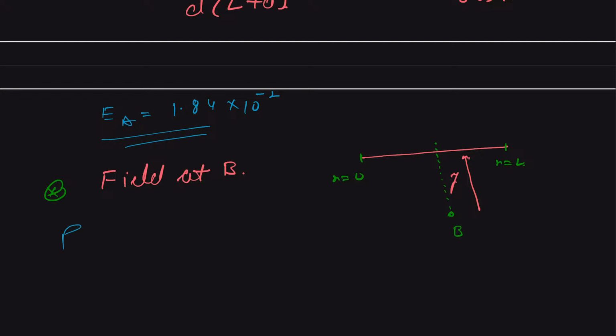So you can say point B lies at perpendicular bisector, and for this let us change the coordinate. We take this as 0, 0, so it will be minus L by 2 comma 0, and the right side will be plus L by 2 comma 0.